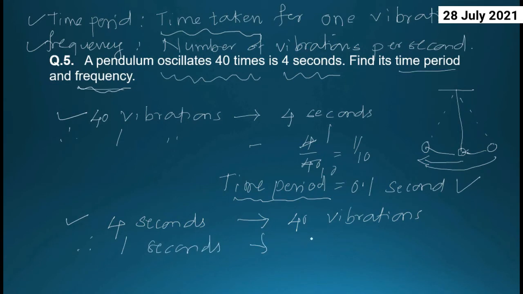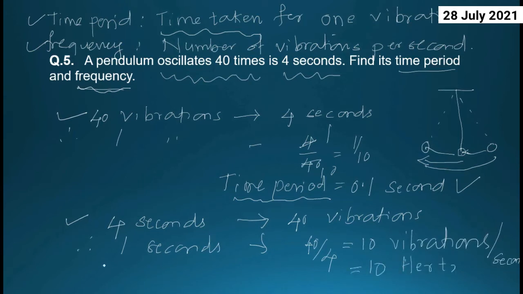So in 1 second it will be 40 divided by 4, simple maths. So that will be 10 vibrations per second, or we call it 10 hertz. So frequency is equal to 10 hertz.